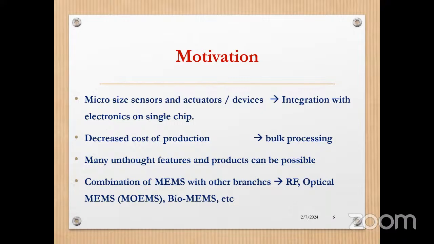The next one is that I want to reduce the cost. Sorry, reduce the cost. So production cost has to be reduced. I can manufacture a device of very low cost compared to the current market rate, and that is only possible with the help of bulk processing. What is bulk processing? Bulk processing is nothing but the number of components that are manufactured. One simple example: I'm going to design an antenna.